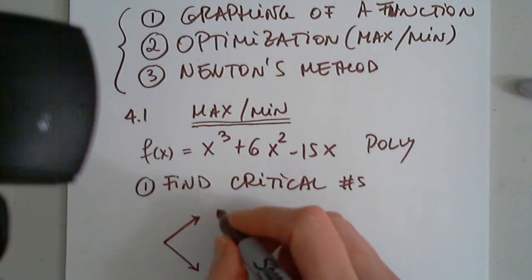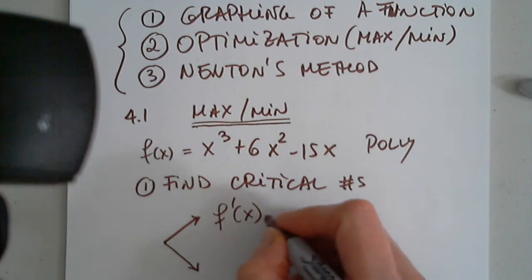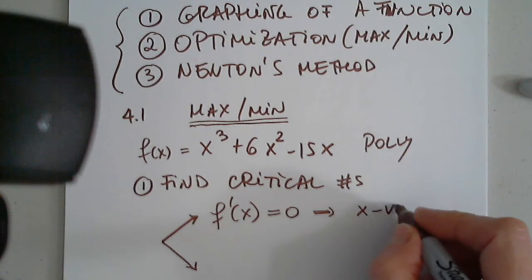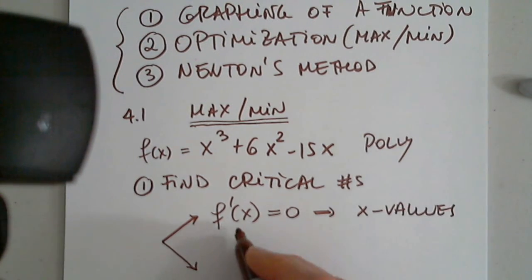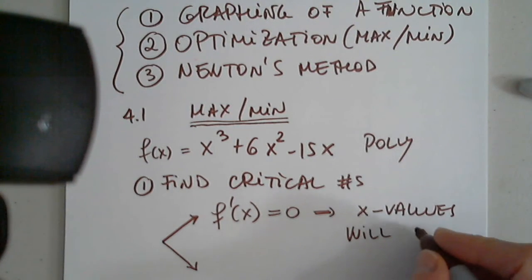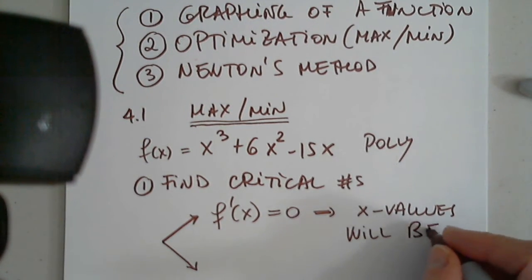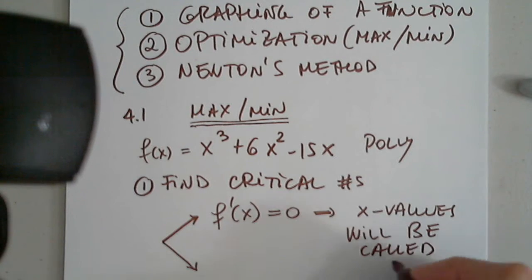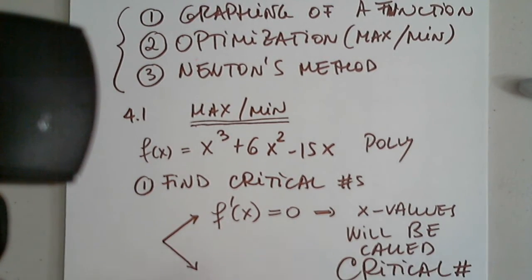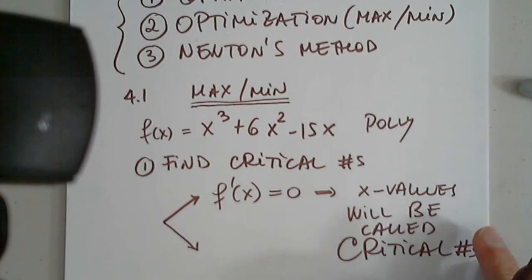It could be that f prime is equal to 0, and the solutions, x values, that make this happen will be called critical numbers. Why? In a minute, I'll explain.